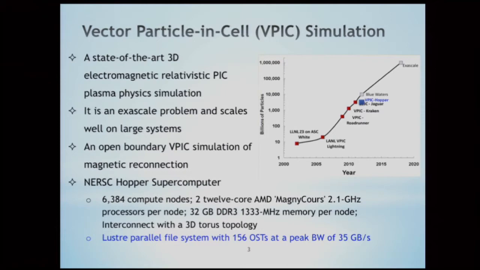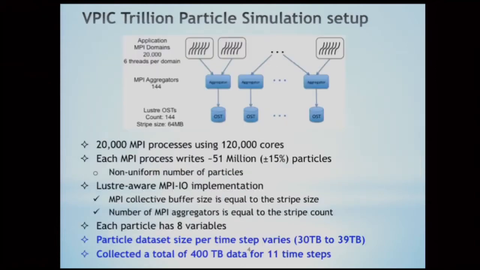The main thing we had to focus on is that we use the Lustre parallel file system. This simulation uses 120,000 cores, with 20,000 MPI processes, and each MPI process has six OpenMP threads.